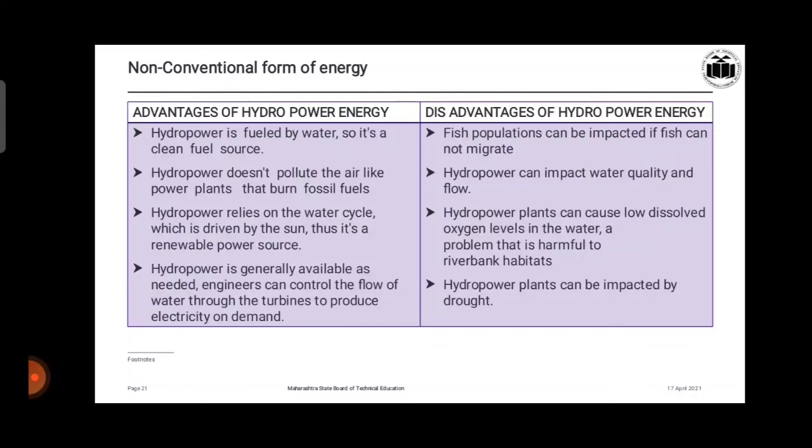It doesn't pollute the air like power plants that burn fossil fuels. These are the different types of advantages, and disadvantages are also present. You should read all these points. It is very simple to learn.